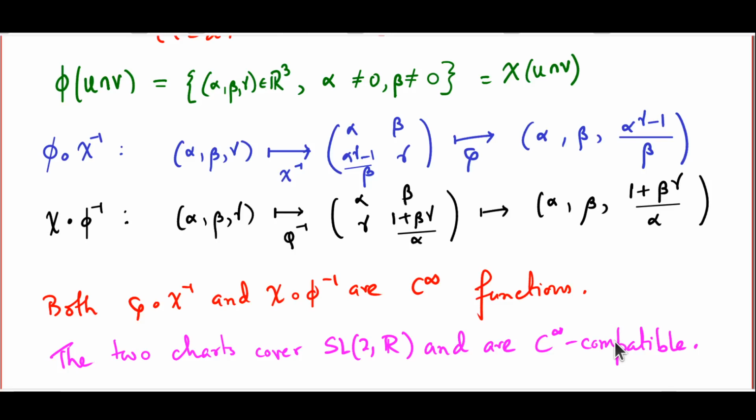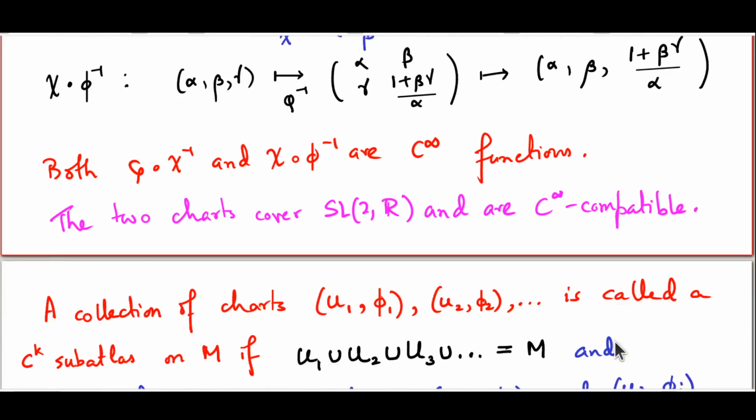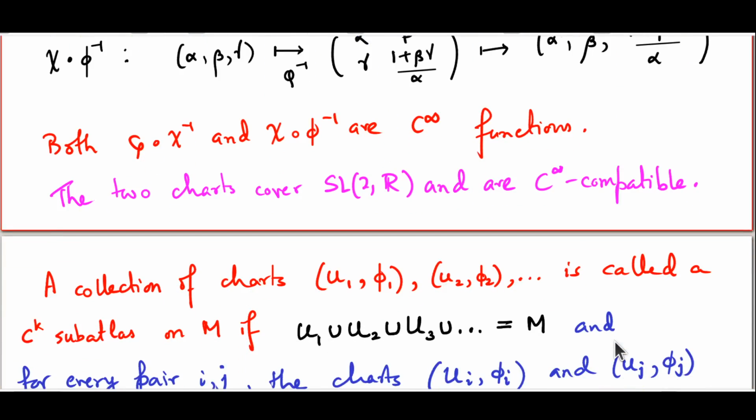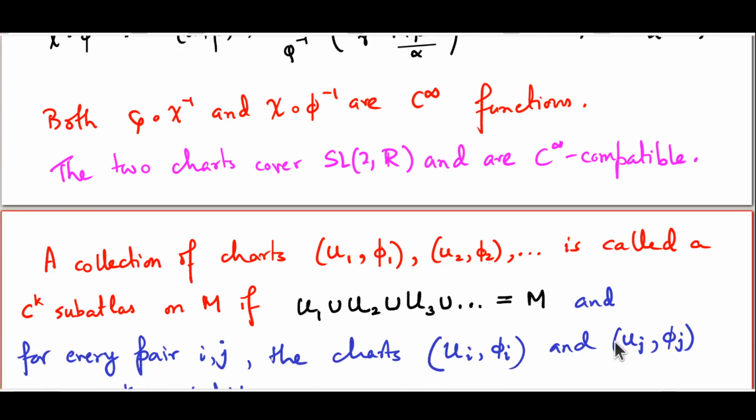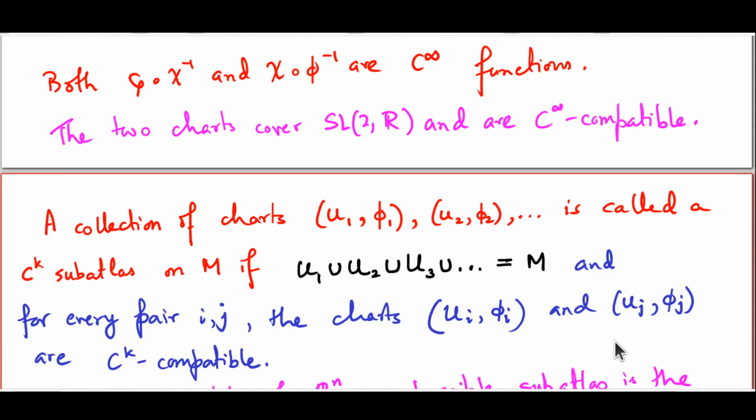Of course, compatibility as we have defined as yet is actually a matter between two charts. And so, basically when we say a bunch of charts are compatible to each other, what we really mean is that they are pairwise compatible. In other words, if you have a collection of charts U1, Phi1, U2, Phi2, etc., then they're all compatible to each other if for every pair i, j, the charts Ui, Phi i and Uj, Phi j are CK compatible.